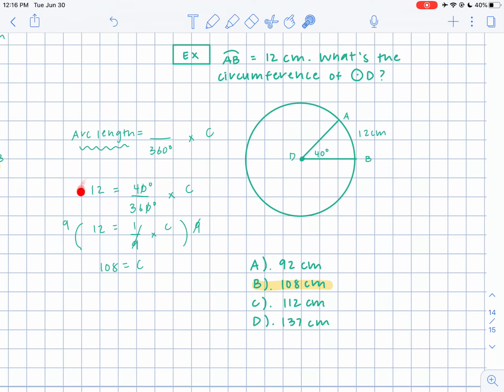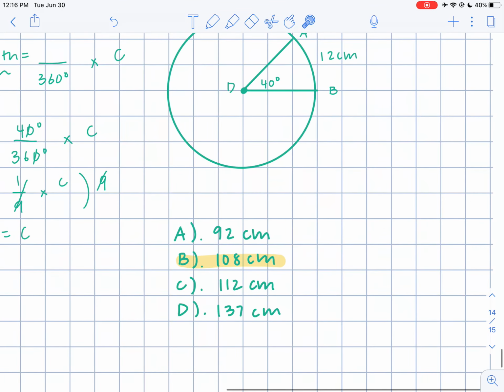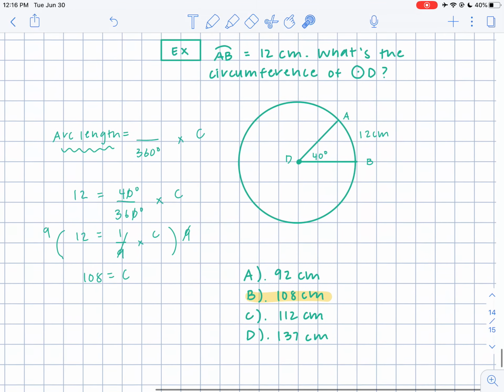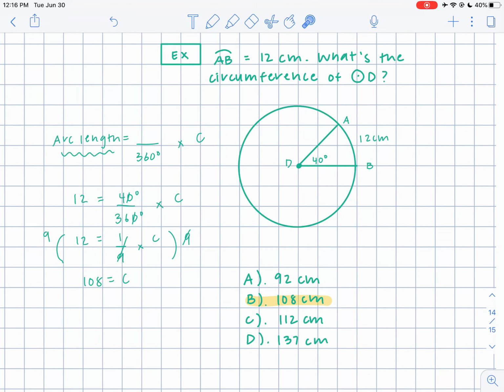Okay, now how did we know it was 40? Because we're asking for the arc length of AB. That's why we used the degree 40, right? Because maybe you're wondering, why didn't we use 360 minus 40? Well, because we're given the arc length of AB. We're not given the arc length of the major arc.